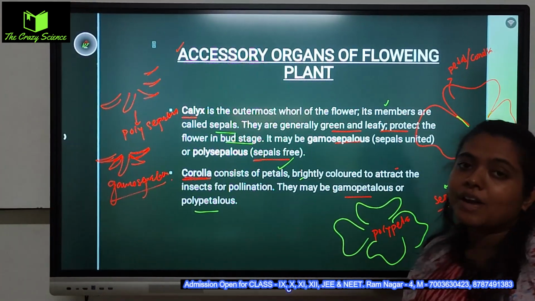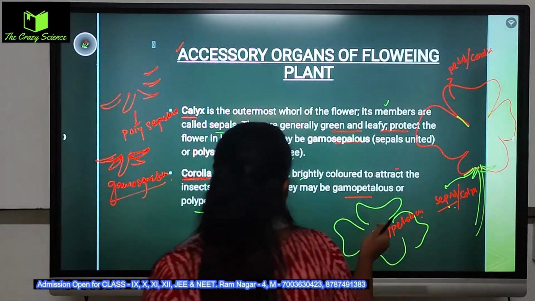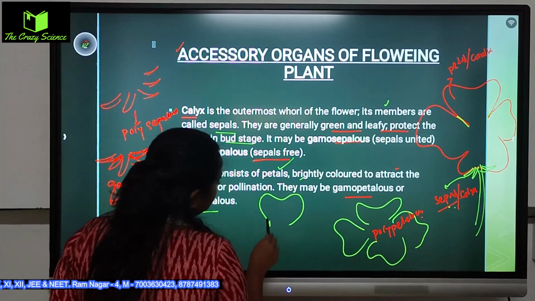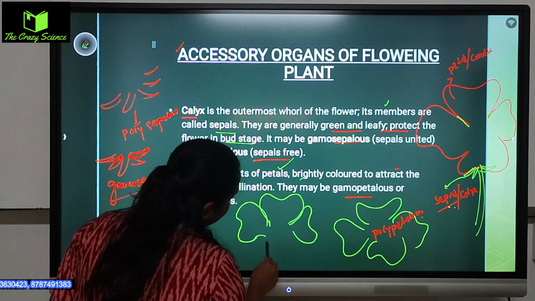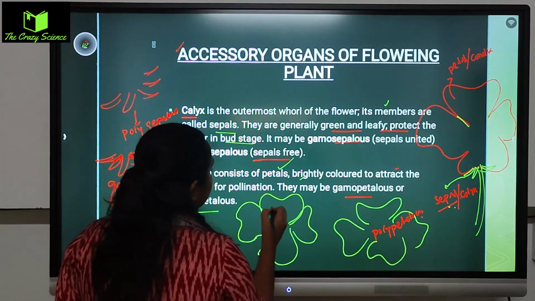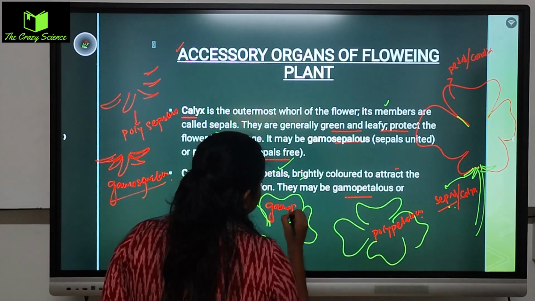Just observe the flowers around your home. If the petals are very closely united, there is no gap in between, these are called gamopetalous.